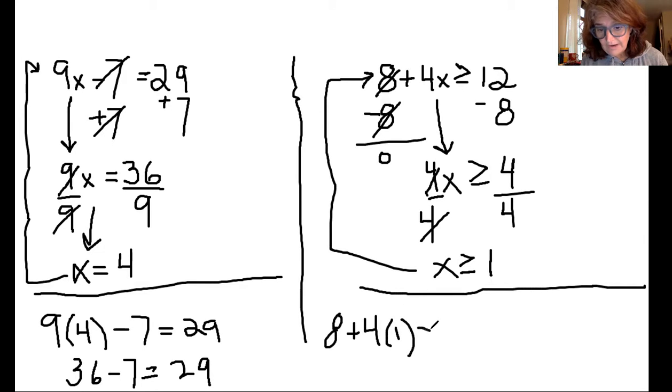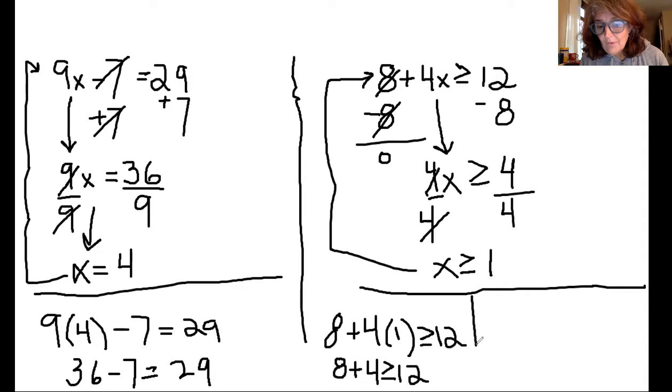And it's going to be greater than or equal to 12. Well, 8 plus 4 times 1 is actually 4. So 8 plus 4 is actually equal to 12. It is greater than or equal to 12.